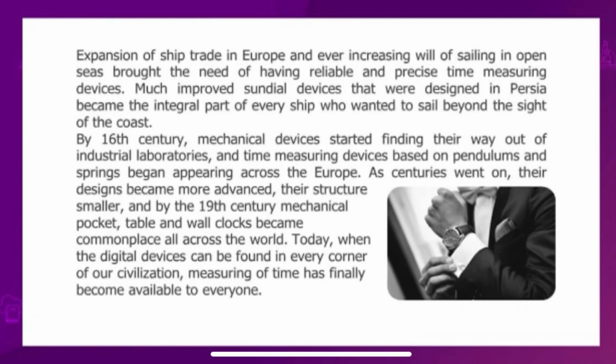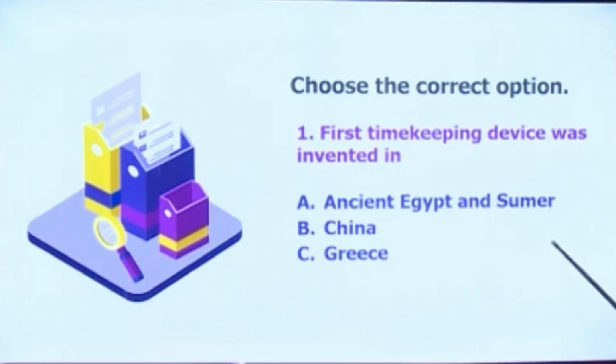Today, when digital devices can be found in every corner of our civilization, measuring of time has finally become available to everyone. Now let's do the exercises based on the text.